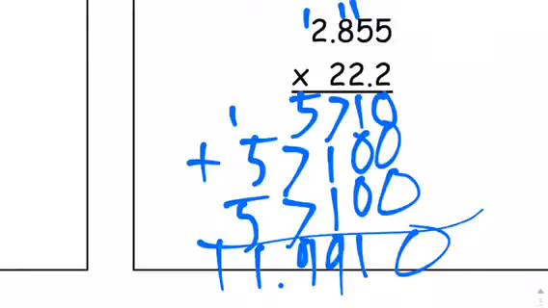The only thing I can't forget to do is if I move over 1 place value, Monique, I have to annex how many zeros? 1. And I can just copy that first line. Now I moved over 2 place values, Monique, so that means I need to annex 2 zeros. 2 zeros, and then I copy that first line. Add those up.